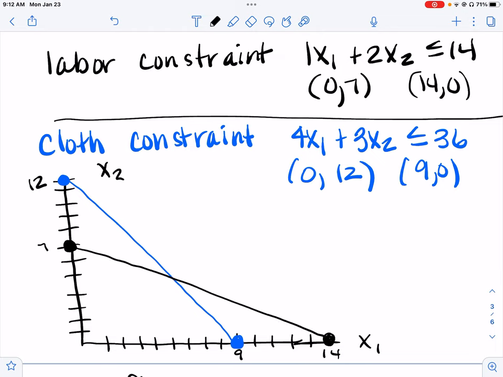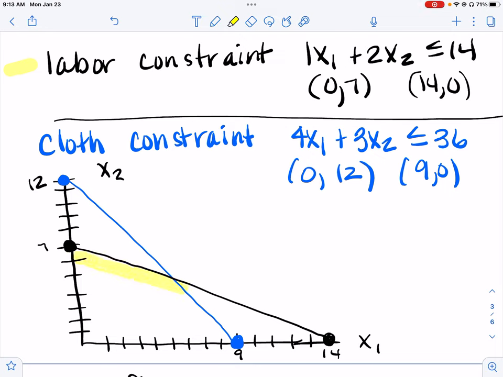Okay, so in yellow, I'm going to shade less than or equal to. That didn't turn out very well. I'm going to shade less than for the labor constraint, which is the line in black. So less than means we're going to shade below.